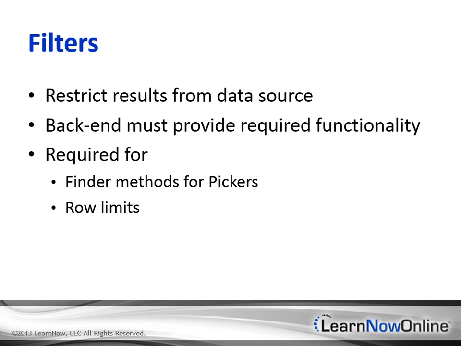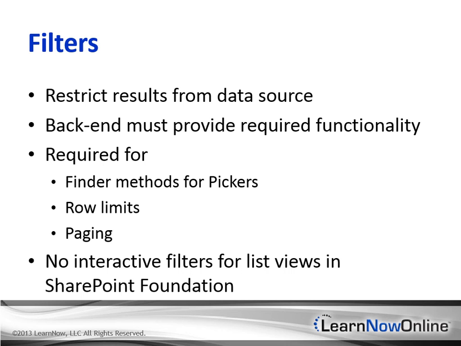You can do searches, you can find additional names. So this is the same type of functionality, only it's for a BCS list. Filters are also required for establishing row limits and also doing paging. And there are no interactive filters for list views in SharePoint Foundation. You have to use the server version.